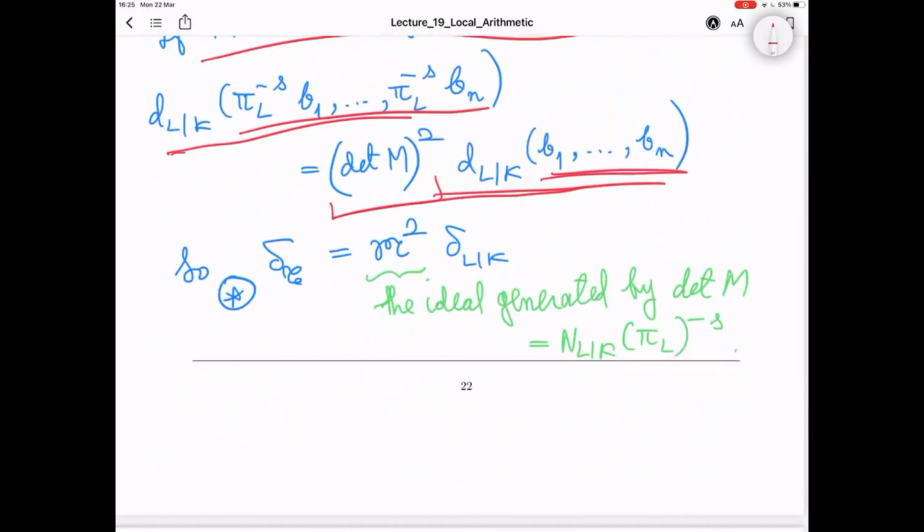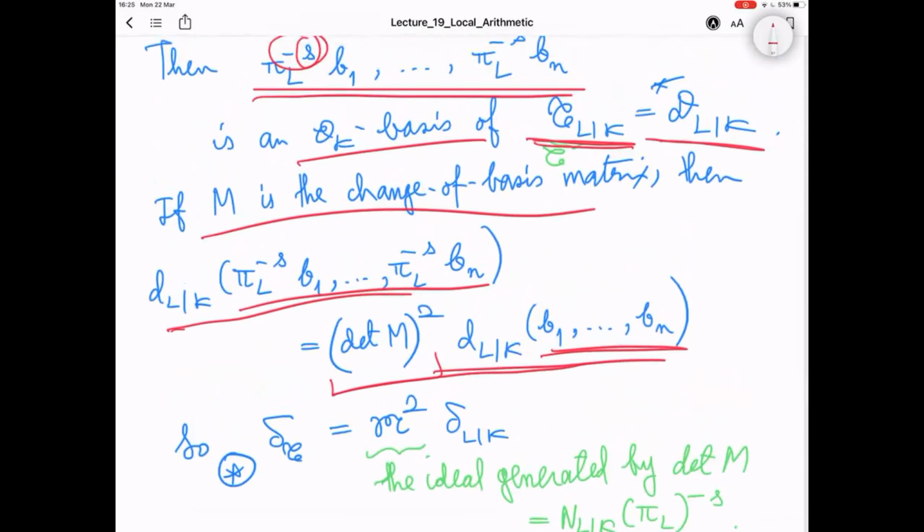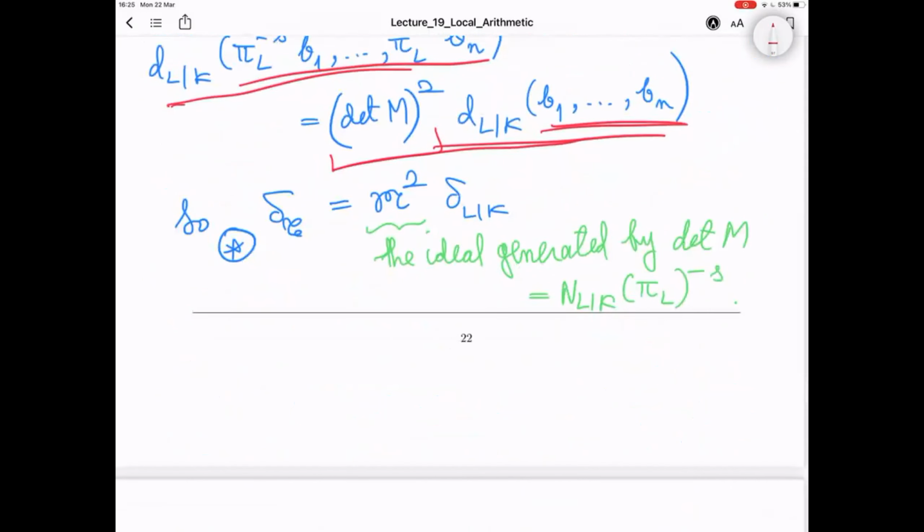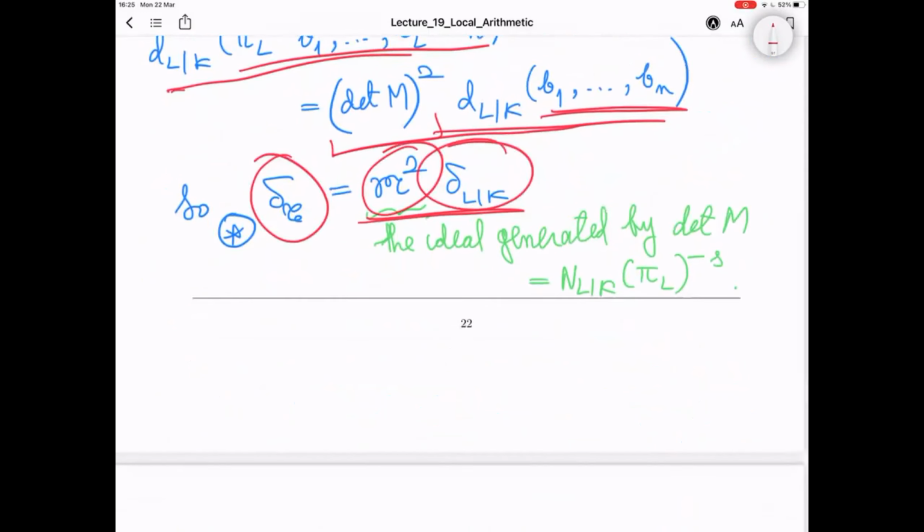So the delta of C, the discriminant of this lattice C will be the square of M multiplied with the discriminant of OL, which I've been calling now the discriminant of L over K, right?